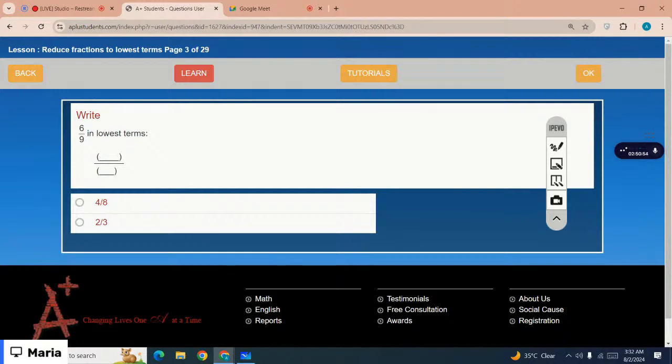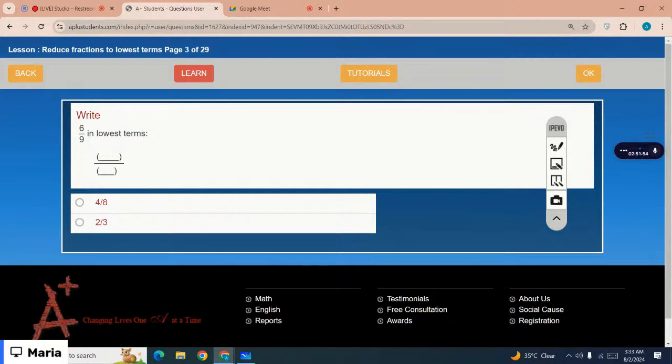So the lowest term is, yes, that is 2 over 3.